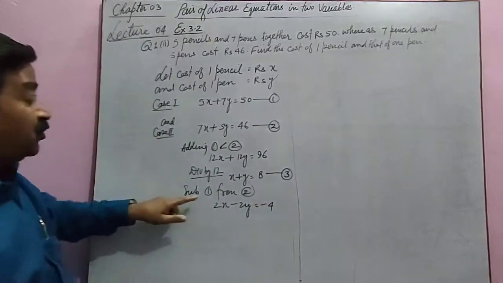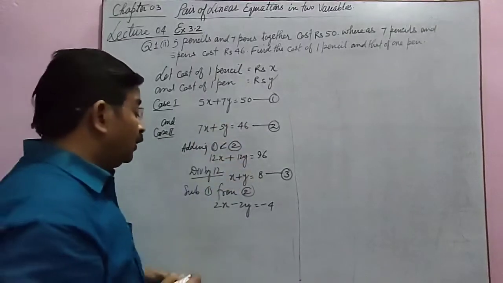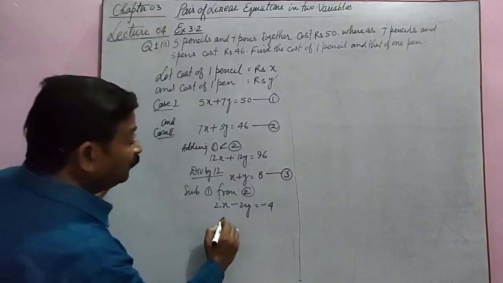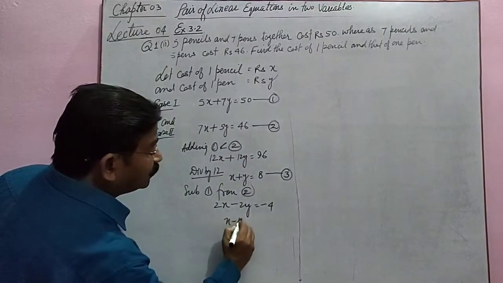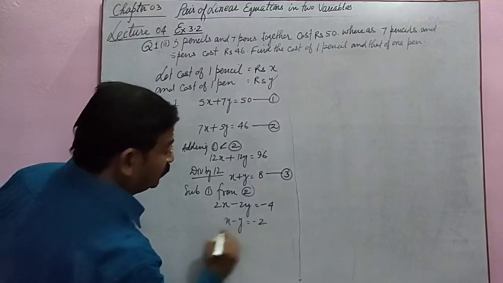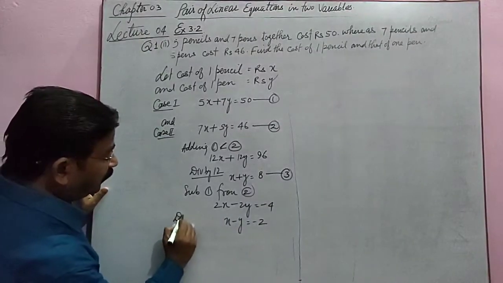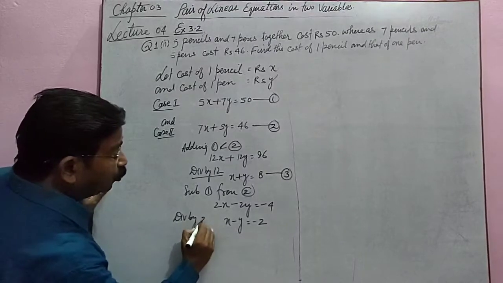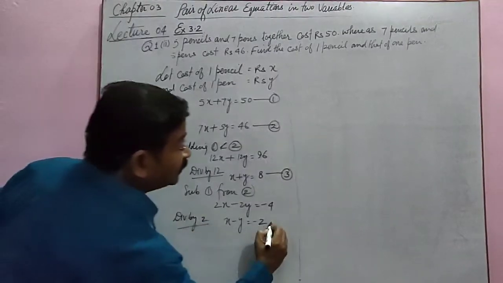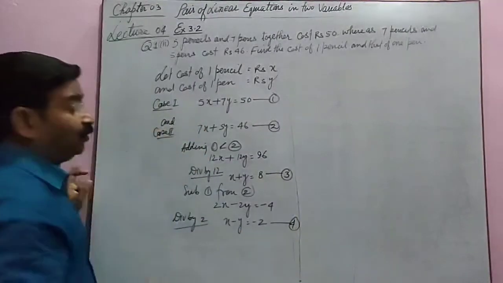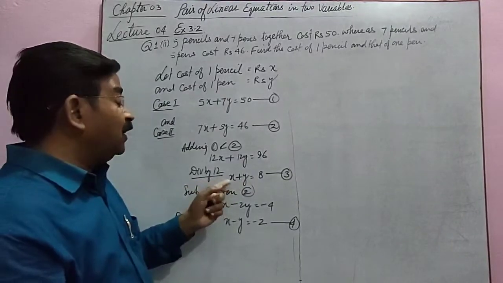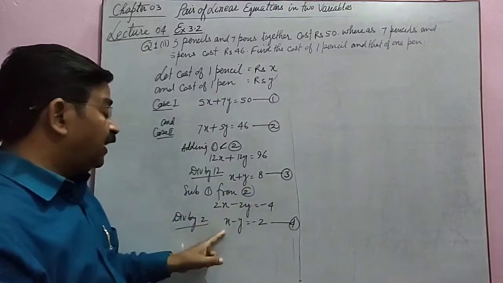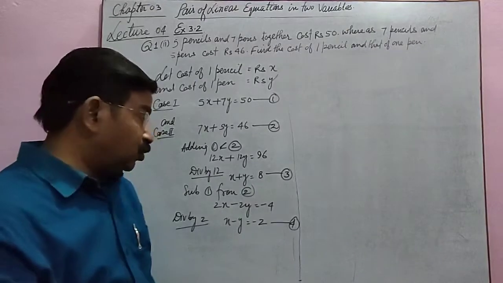I am subtracting equation number 1 from 2. Now 2 is everywhere common, so we have x minus y is equal to minus 2. Here you can write divided by 2. Let us see equation number 4. Now your equation is very simple. x plus y is equal to 8 and x minus y is equal to minus 2.